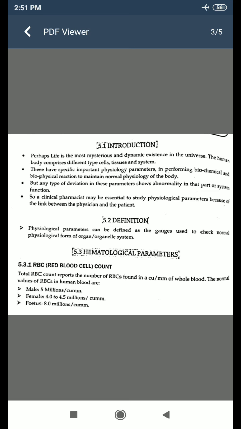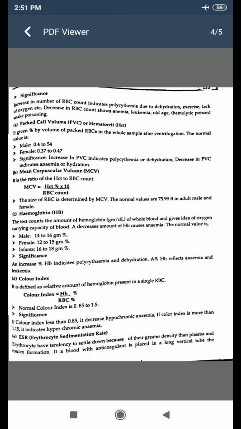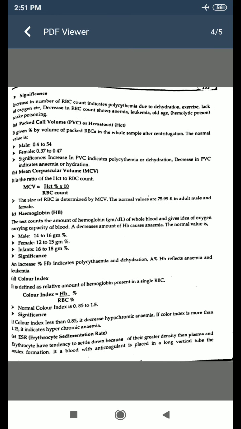The size of the RBC is determined by the MCV, mean corpuscular volume. The normal value is 75 to 99 fL in adult males and females.